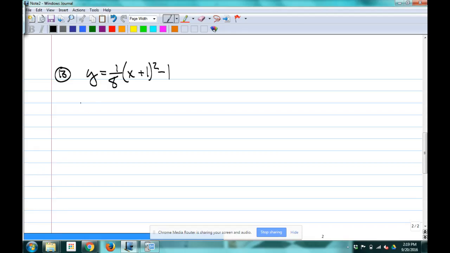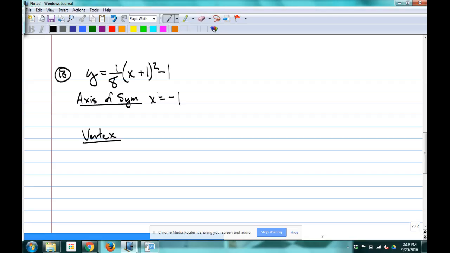So that should help us out here, because that should get us the axis of symmetry, the vertex. And is this vertex going to be a maximum or a minimum? We can tell that already. Minimum. So this one's going to open up. Okay. And axis of symmetry would be x equals what?